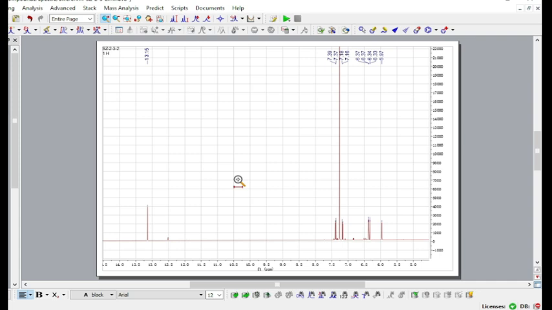Based on the information you already have, for example, if you have the molecular formula from high resolution mass spectrometry, and it shows that you have 20 hydrogens in your molecule, and the total integrals that you have calculated are 10.